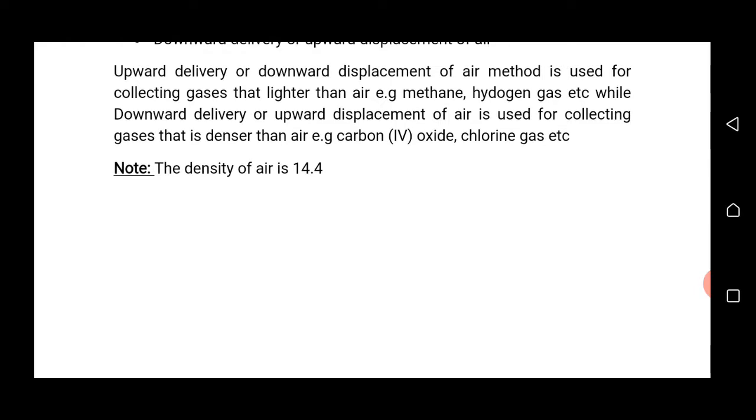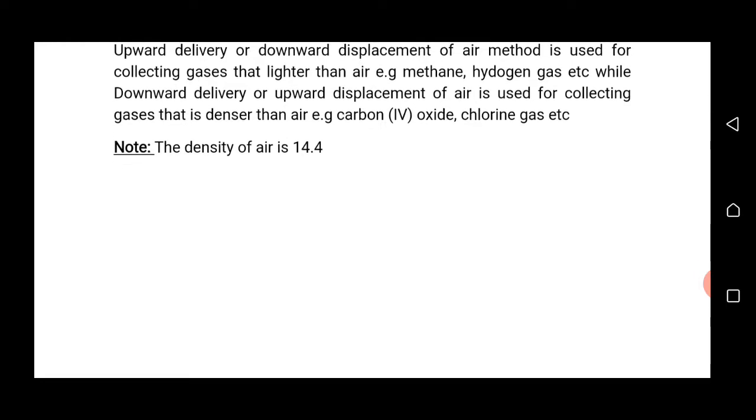Downward delivery or upward displacement of air is used for collecting gases that are denser than air. So any gas denser than air can be collected through downward delivery or upward displacement of air. For example, carbon 4 oxide can be collected through downward delivery. Chlorine gas, being denser than air, can also be collected this way.